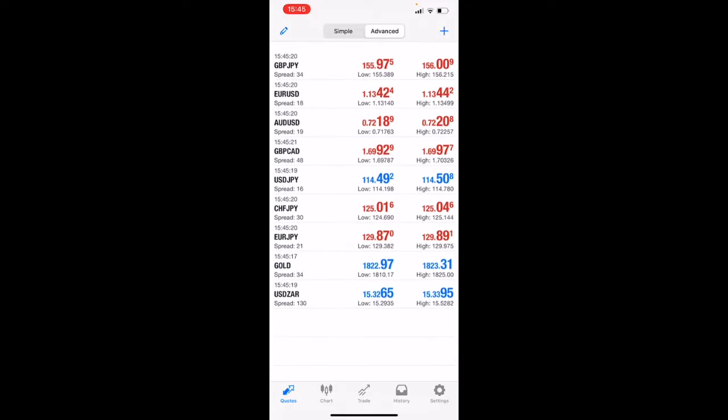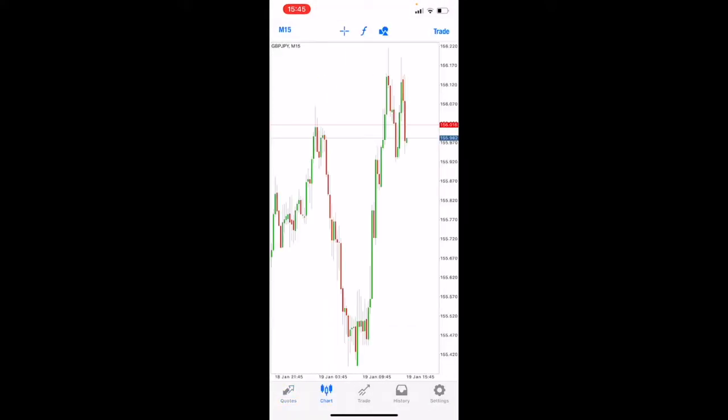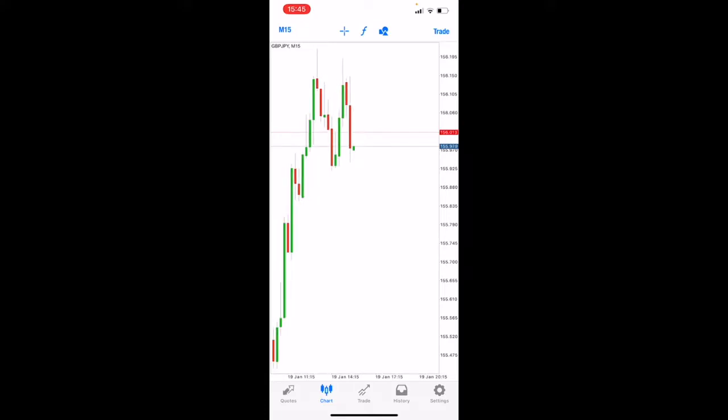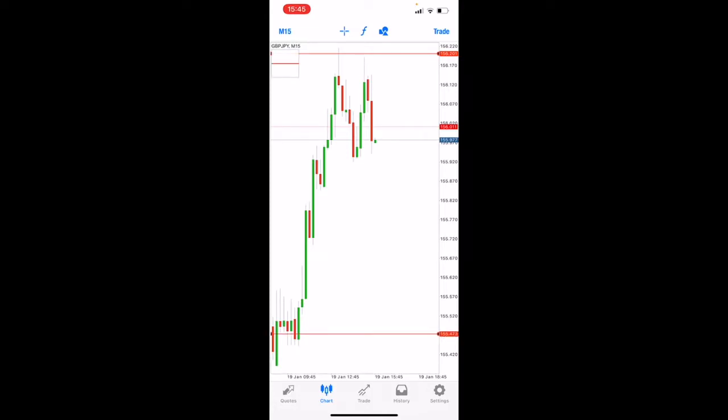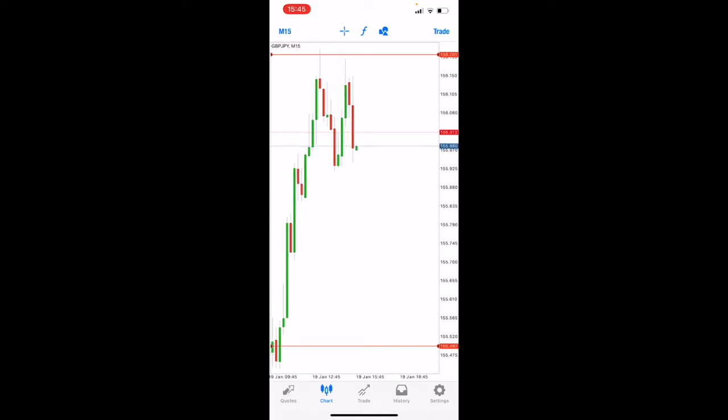All right, this will be an example of a market execution trade. So let's say we want to trade GBP JPY. So I'm just going to give it, let's say, a sell, and we're going to put our stop loss at 156,200, and our take profit, let's say 155,500, right? So what you'll do is you'll press trade.